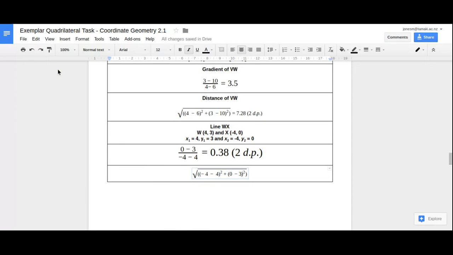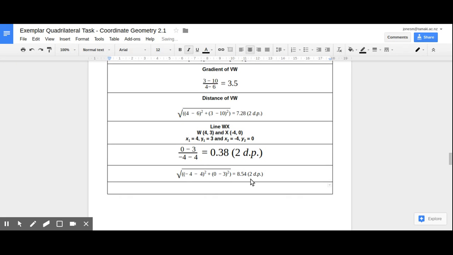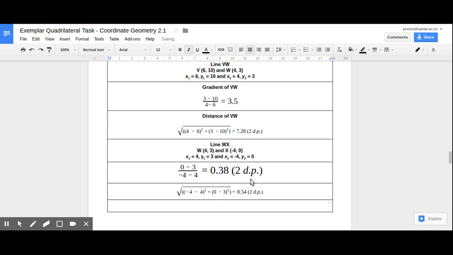The answer is 8.54 to 2 dp. Okay, so that's line WX.